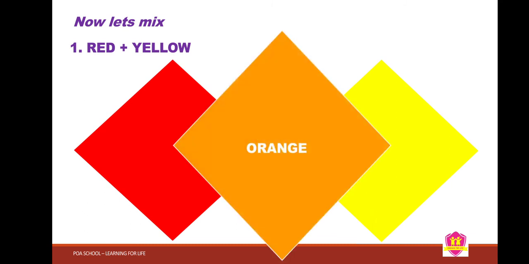Our first mixture, we have red and yellow. When we combine red and add yellow to it, in the long run, what do we get? We obtain orange. So orange, in the center of red and yellow, is a secondary color.